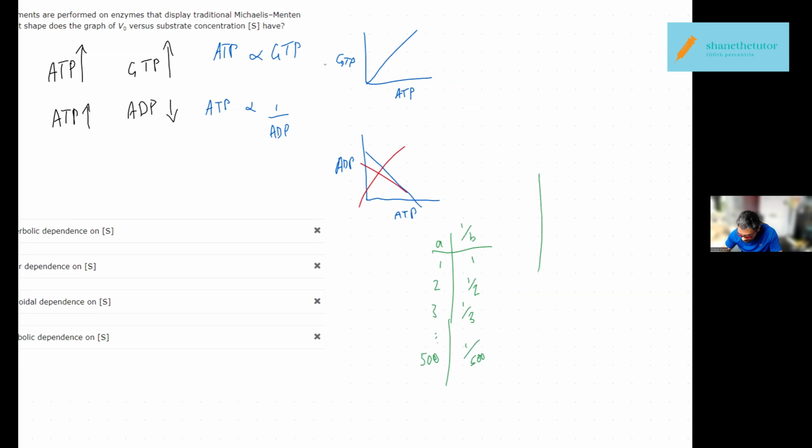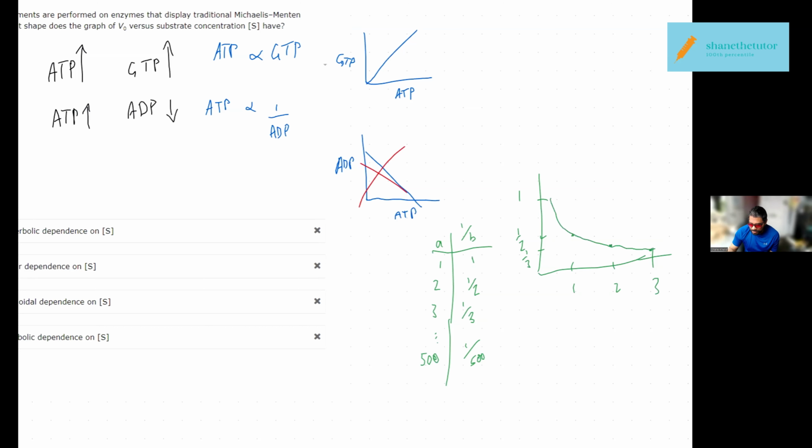If I were to plot this, 1, 2, 3, let's see, I'm just going to put a 1 over here. And then 1/2, 1/3, etc. So here, here, here, it would look like it would curve like that.